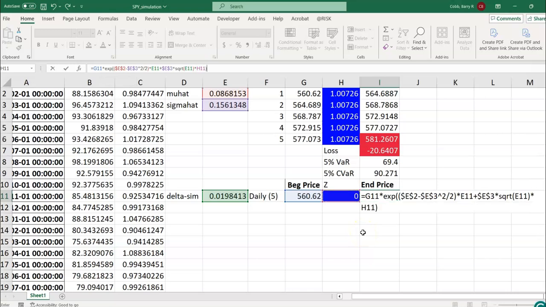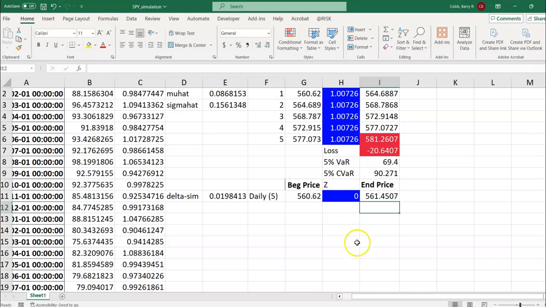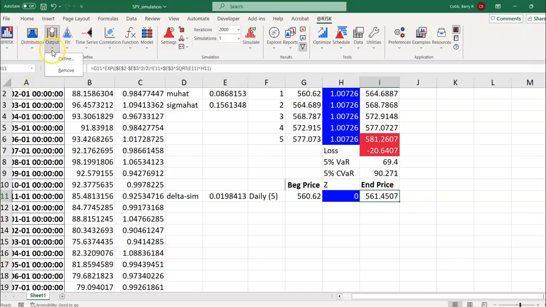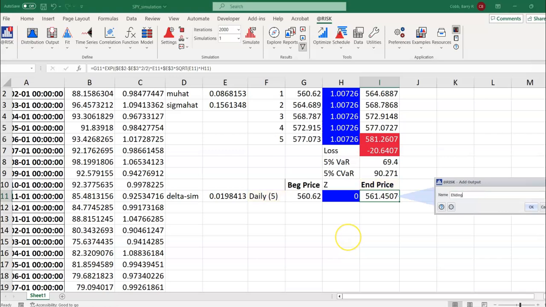And then this parenthesis closes the entire exponential function. So you need to look in the textbook and convince yourself this is the proper Excel version of that formula. And so that's the ending price after 5 days. All right, so then we'll make that ending price an @RISK output. Ending price 5 days.